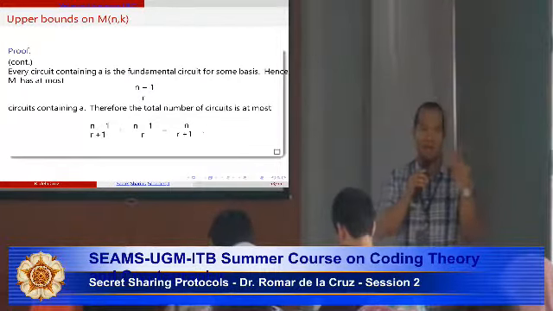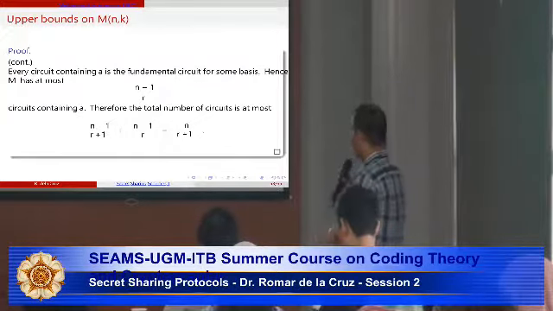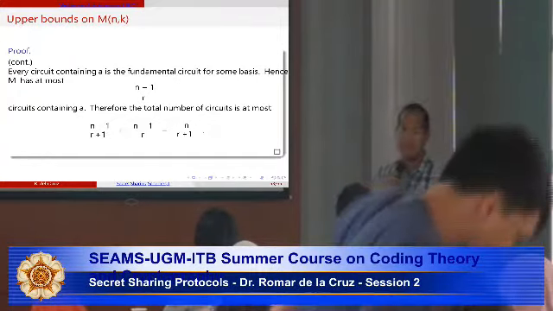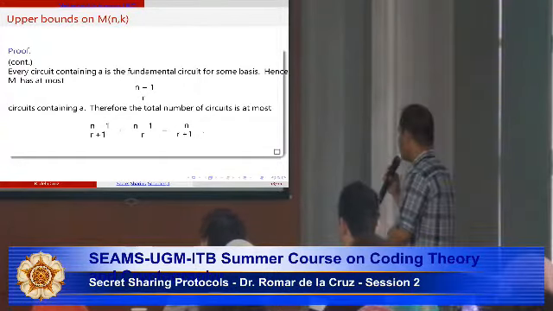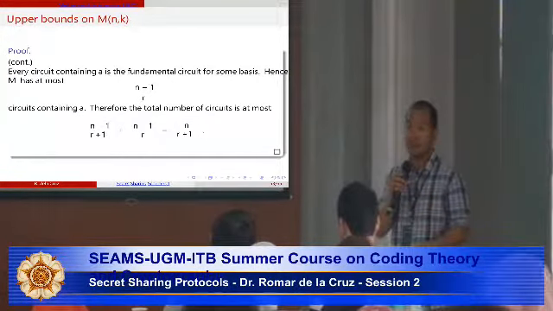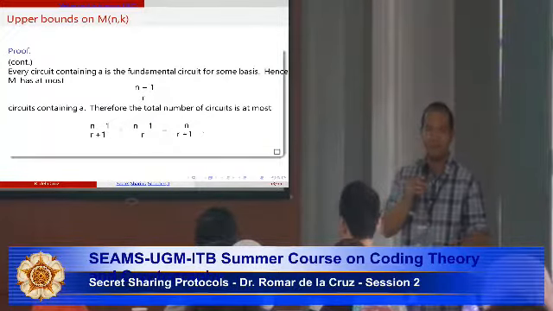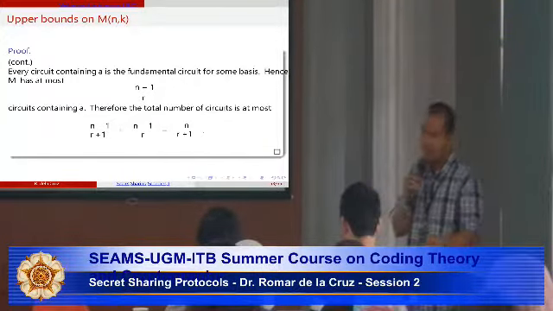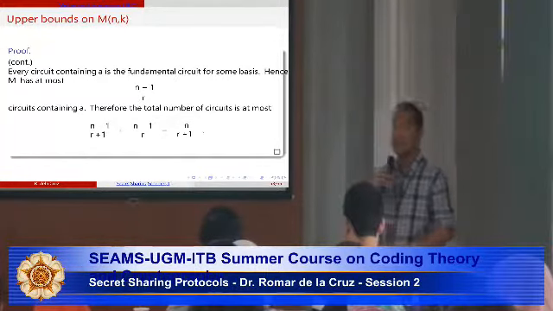When is M(n,k) equal to n choose k-1? This is satisfied by the binary MDS codes. But the problem is, the only binary MDS codes are the trivial codes, k equals 1, n minus 1, and n. But for non-binary fields, this is satisfied by the MDS codes.